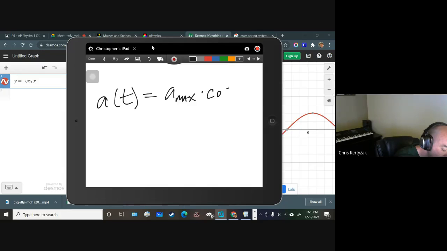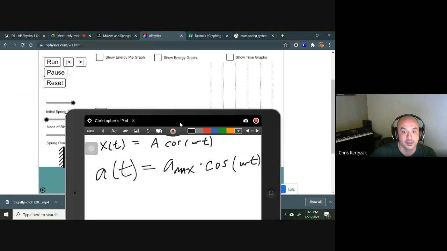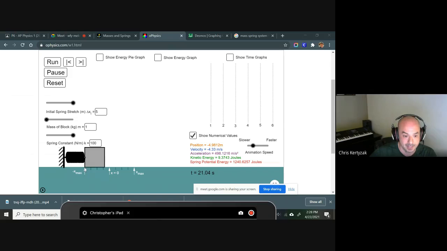We know it has to have a match for the position, which, remember, was modeled by a cosine omega t, so this also has to be a cosine omega t. Because if they're both cosines, then they'll both have maximums at the same time. And again, when the position is maximum, the acceleration is maximum, or you can still think of this as maximum in terms of its magnitude.